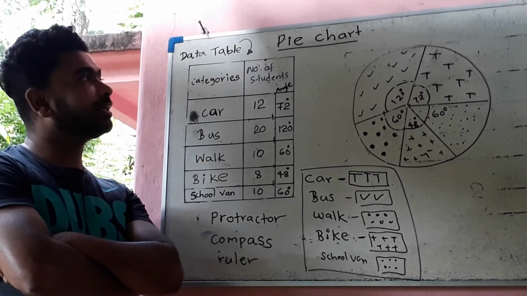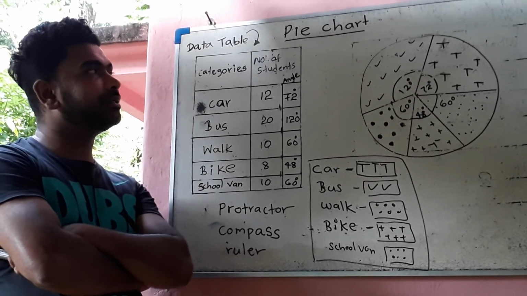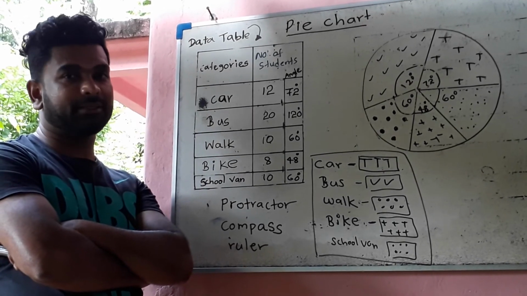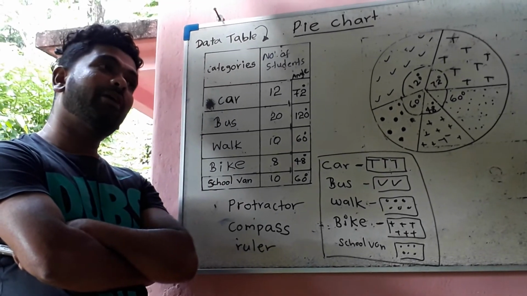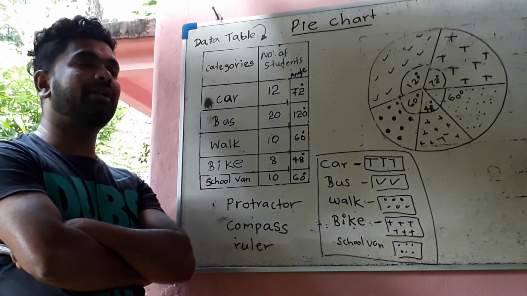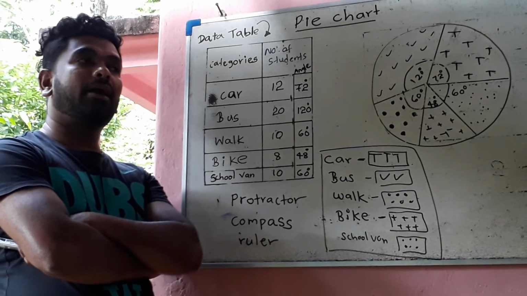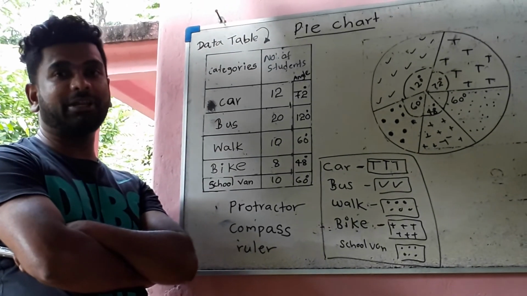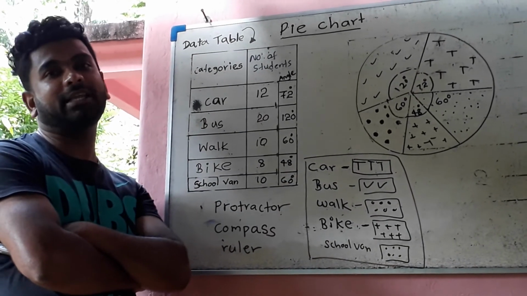Or you are given a pie chart and a set of questions, and you need to study the pie chart and find the answers. For upper classes, grade 8, grade 9, until O level, A level, you should have the knowledge of drawing a pie chart for the given data.